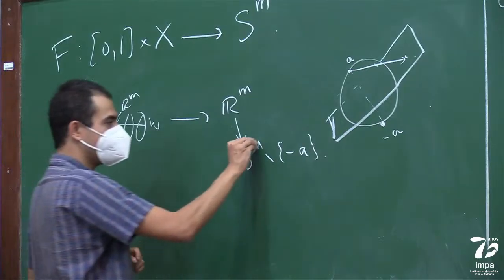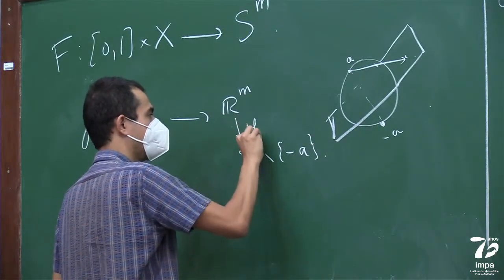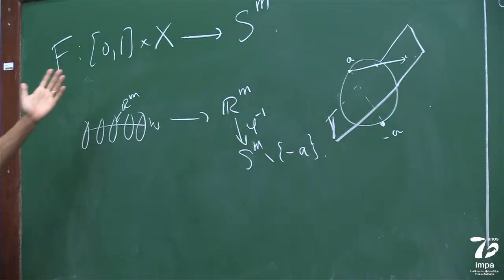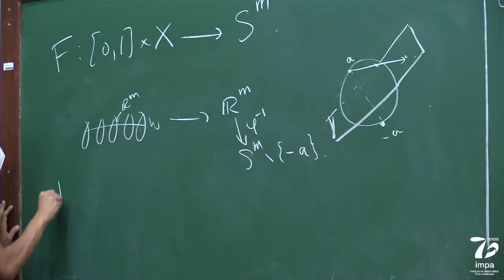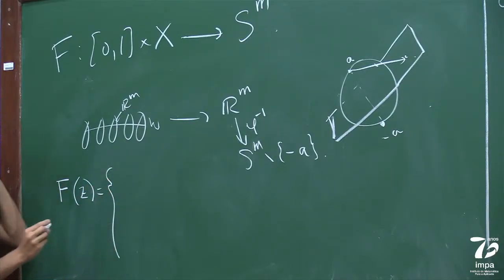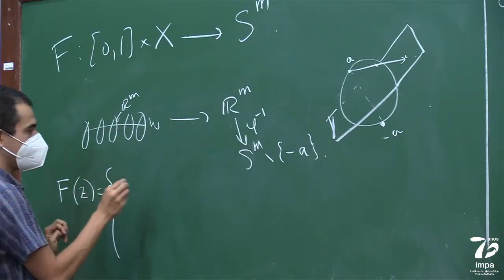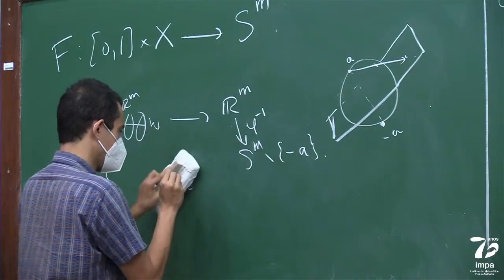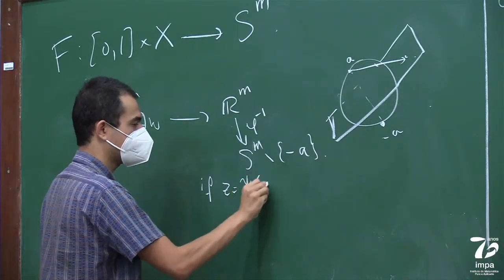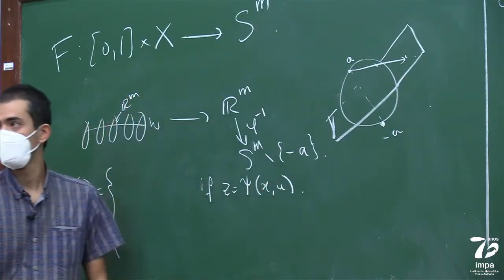Anyway, I was calling this phi inverse, I think phi was calling this map. Then you can write the expression for what f is. So f of z will be equal to, if z is in the image of the embedding, then z is of the form psi of (x, u).